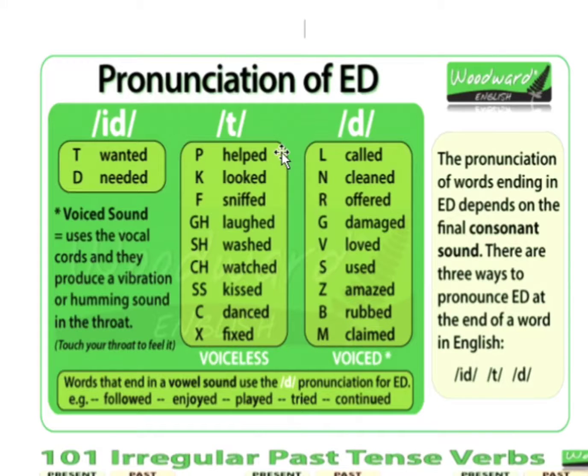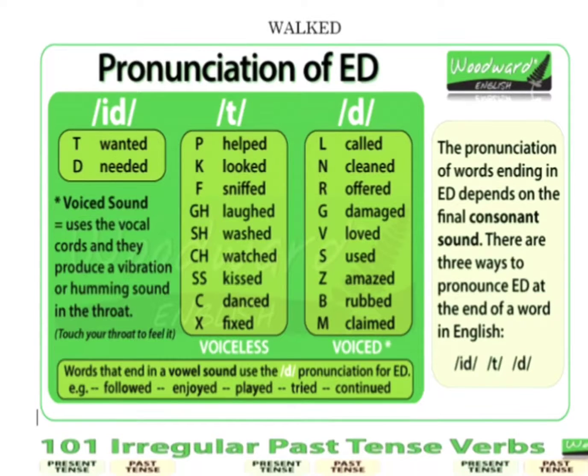To change a verb in present form to a past form verb, in like 90% of the cases, we're only going to add ed. For example, the verb walk, you add ed, walked.